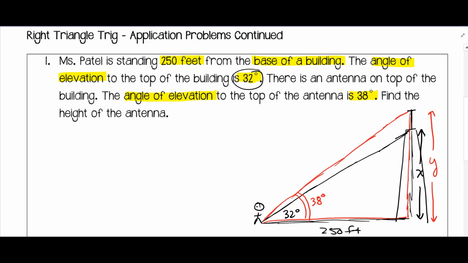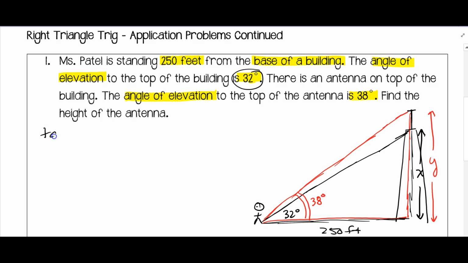So I've got these two right triangles, one with an angle of elevation of 32 and one with an angle of elevation of 38. I'm going to use those to find x and y, and then if I subtract x from y, that'll leave me with the height of the antenna. So let's go ahead and take care of that. Let's start with the smaller triangle.